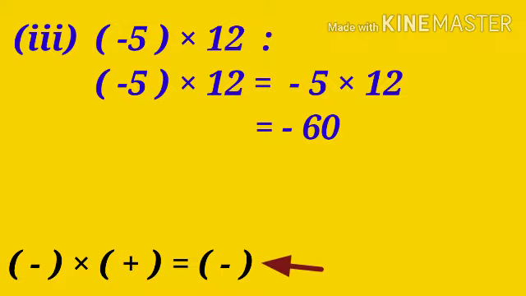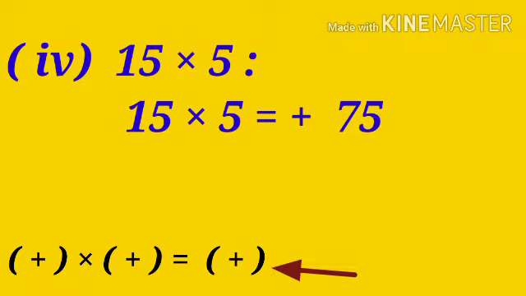We know that the product of two integers of different sign always gives a negative product. That is, minus 5 into 12 gives minus 5 into 12, which is equal to minus 60. We know that when we multiply two positive integers, it always gives a positive integer. That is, 15 into 5 is equal to plus 75.